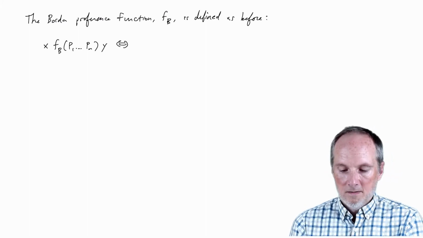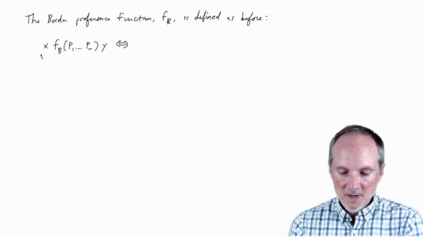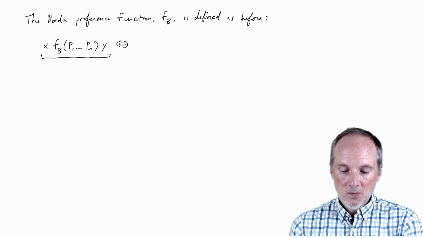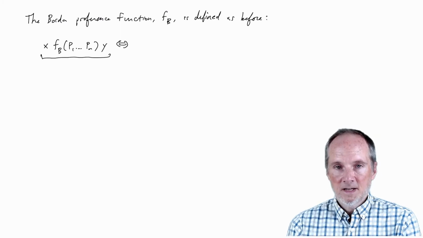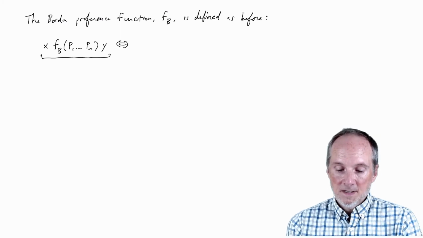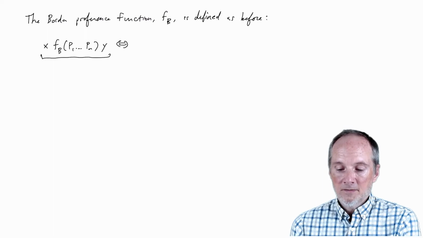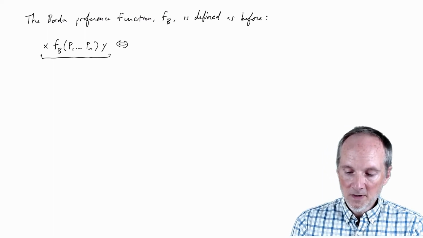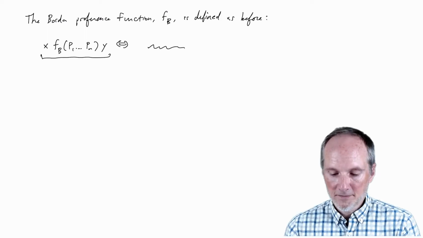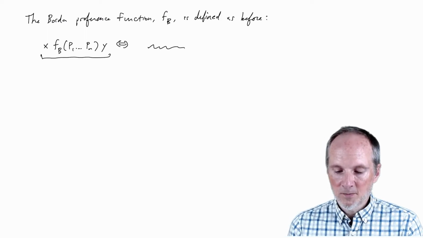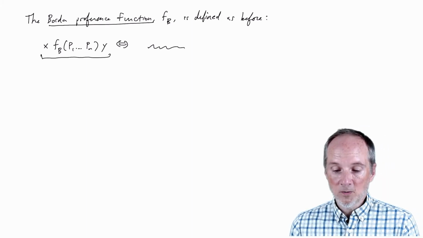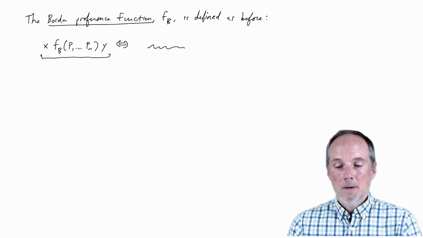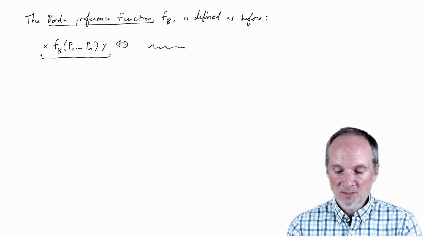Right? And then we would use the same kind of notation. So this Borda preference function, if you plug in a preference profile, it's going to give you a binary relation that says x beats y if and only if it has a higher Borda score. And I'm not going to write all that in because we've already defined that stuff. Okay, it's just a different way of thinking about this Borda voting rule. We can think of it as a function that depends on the preference profile.